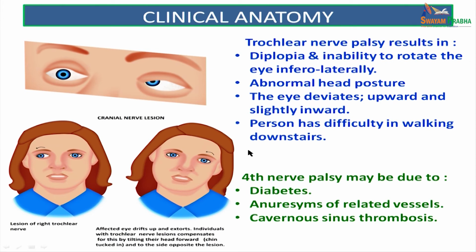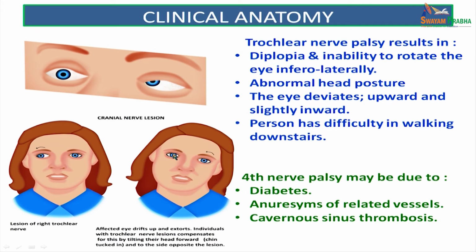So, to compensate for the vertical double vision, the person will tilt the head to the opposite direction with tucked in chin, so that the injured nerve is in extorted position because intorsion of this eyeball is lost because of the palsy to the superior oblique muscle.